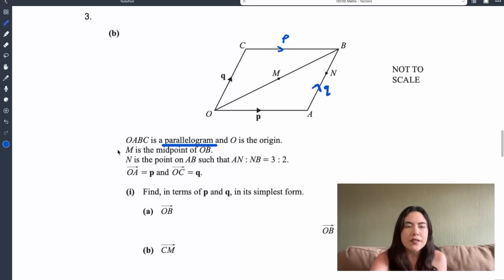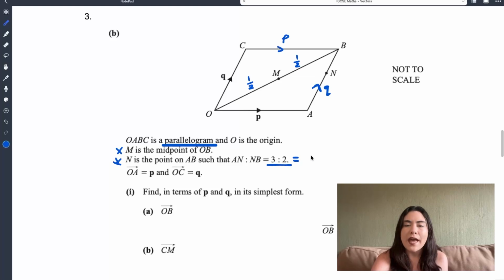Now we can see that M is the midpoint of OB. Midpoint meaning these are each a half, because a midpoint is in a ratio of 1 to 1. It doesn't need to say that, because midpoint is just half-half. And then we are told that N is a point on AB such that AN is to NB 3 to 2.